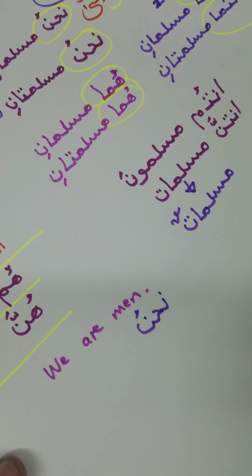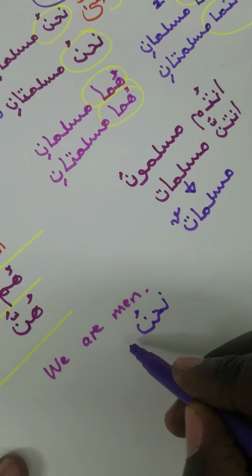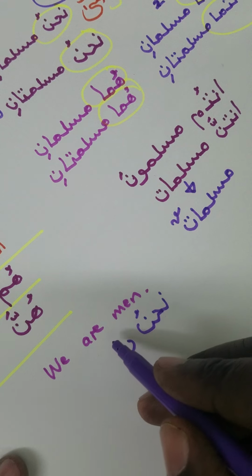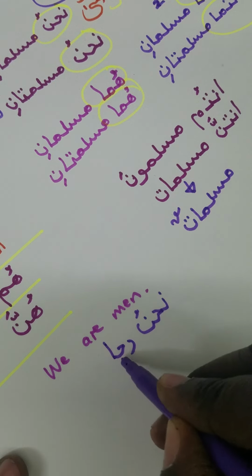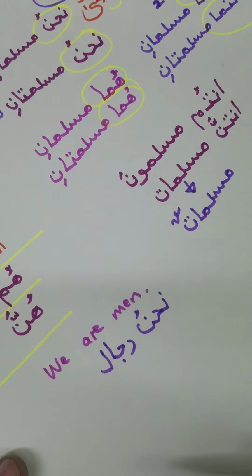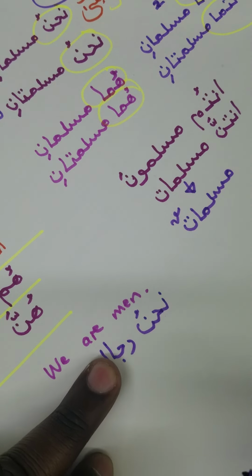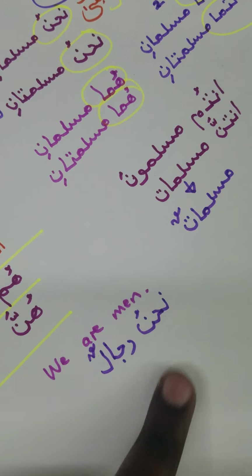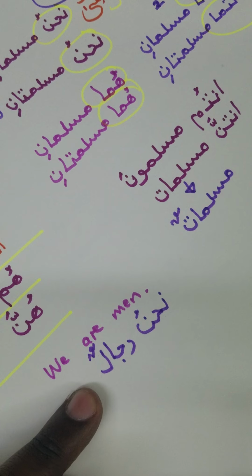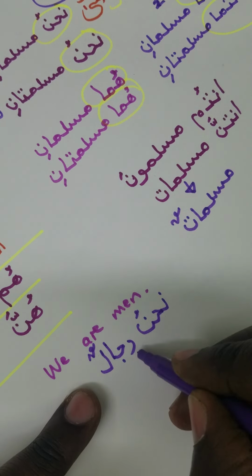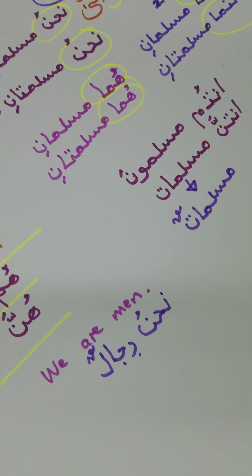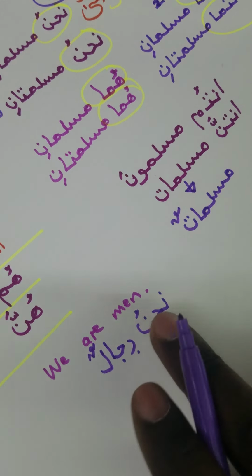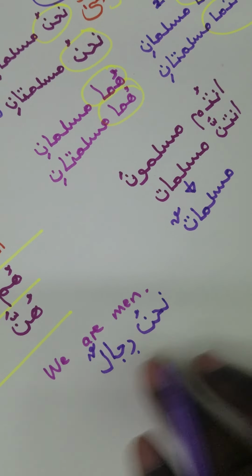It is men, so the word is rijal. What is the first case for the word rijal? You put a tanween, so it will read nahnu rijalun. Someone will understand you are saying we are men, but these numbers must tally. Nahnu rijalun.